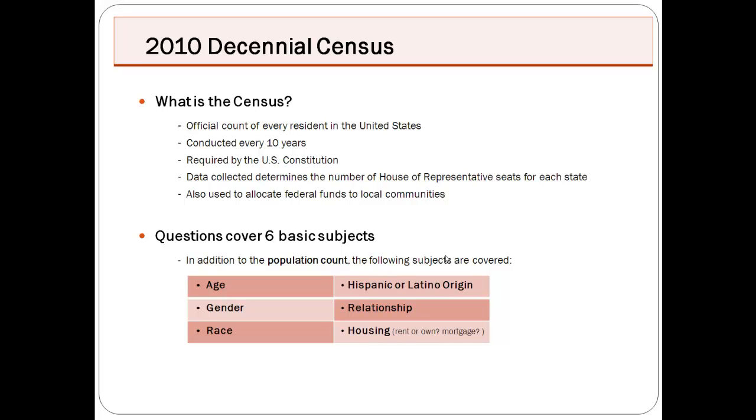The data is also used as a basis to distribute federal funds for various programs. Additionally, the data is used by a wide variety of private researchers for many purposes, such as business, academic, nonprofit, etc. The decennial census asks a limited number of questions on basic demographic characteristics, such as age, gender, and race.